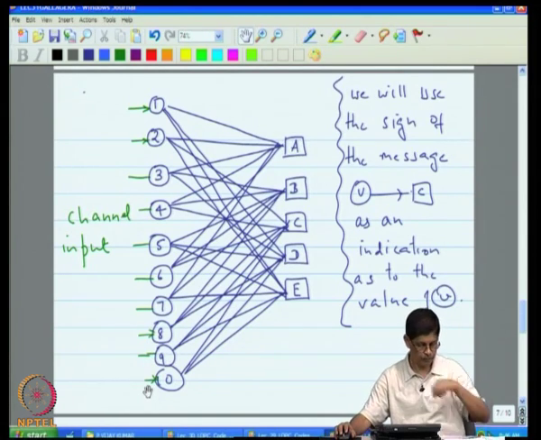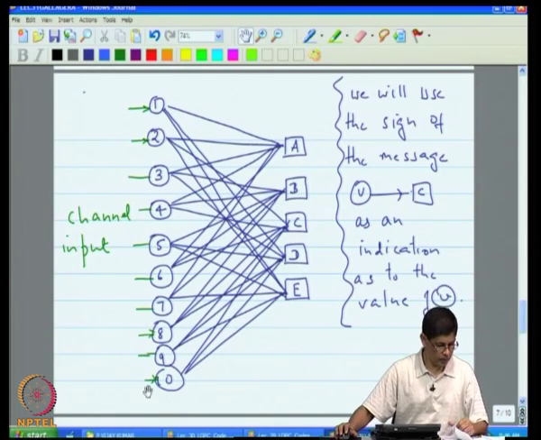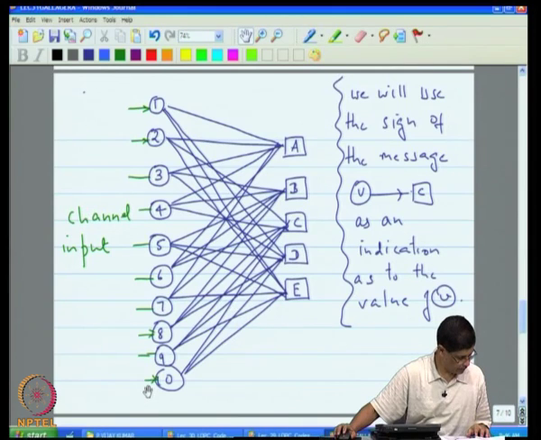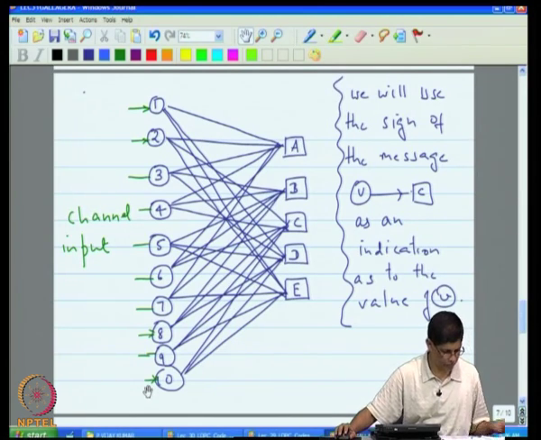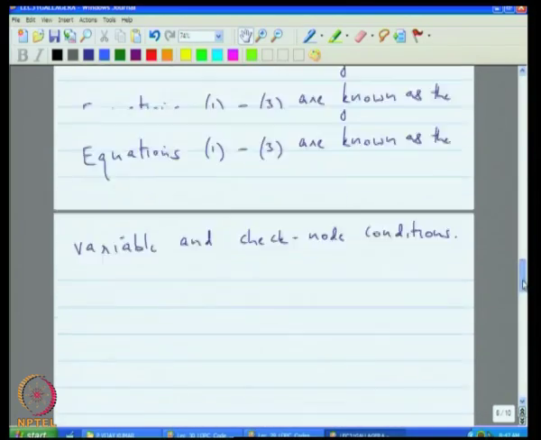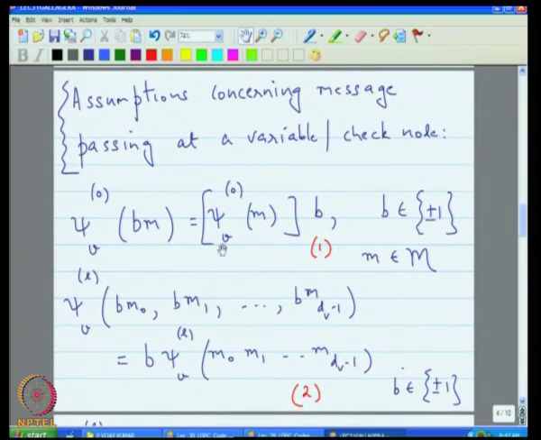Okay. Let me try to restate that. Let us go back actually to our symmetry assumptions.